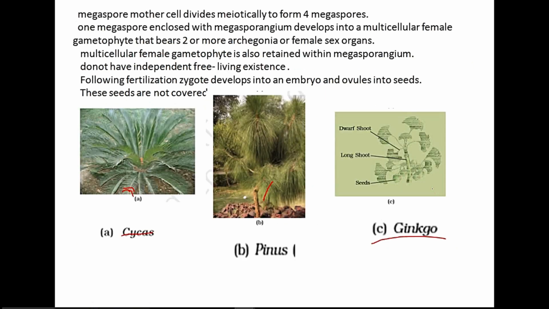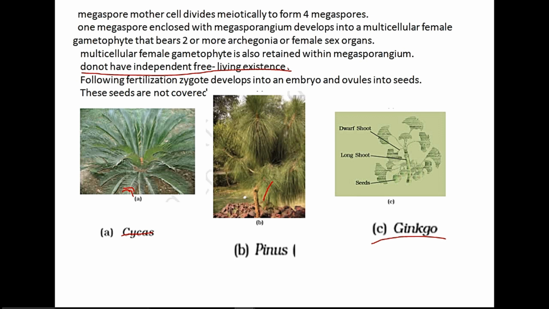So next, this is Cycas as I said before. Here the multicellular female gametophyte is retained within the megasporangium and is also called endosperm. Not like bryophytes and pteridophytes, in gymnosperms the male and female gametophytes do not have any independent free living existence.